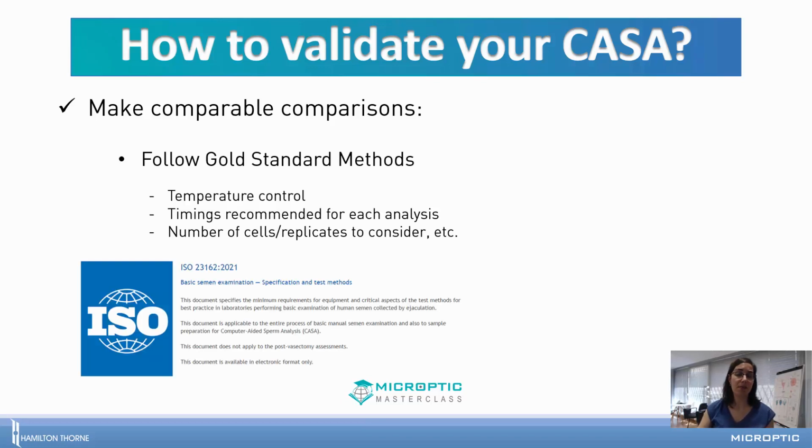It's not the same to analyze sperm motility at room temperature as at 37 degrees. Despite having the accreditation to run motility at room temperature, if you want to compare it against a CASA system that by default works at 37 degrees, these results should never be compared because the conditions are not the same. The results are not comparable.